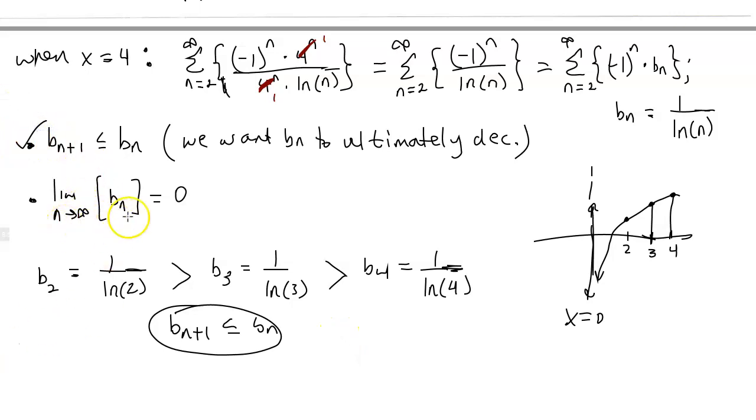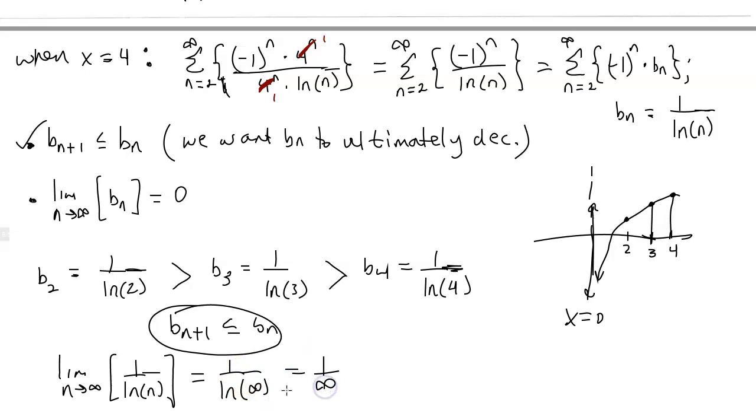Second one, we see here that the limit as n approaches infinity of b sub n, which is 1 over natural log of n. As we discussed before, whenever we were testing when x is equal to -4, if I put an infinity here, I know that natural log of infinity, although it would do it real slow, would be going to infinity. And of course, this would approach 0. So we have both of these conditions met.